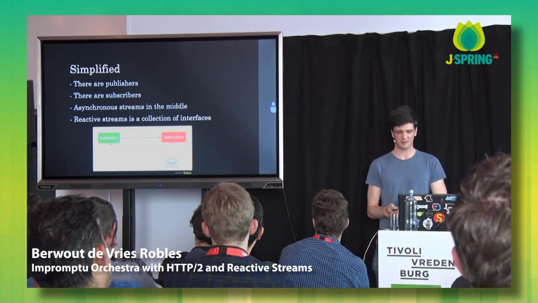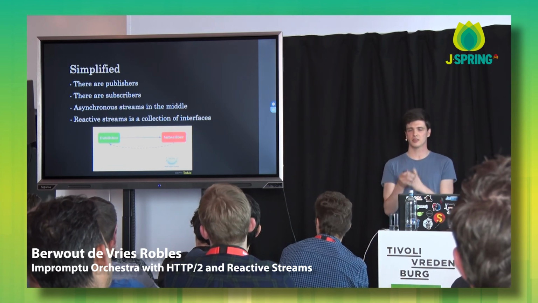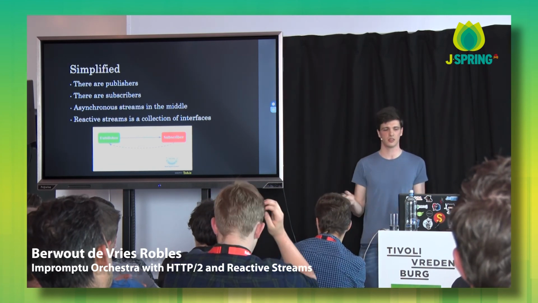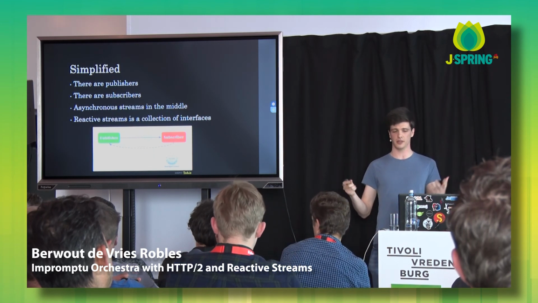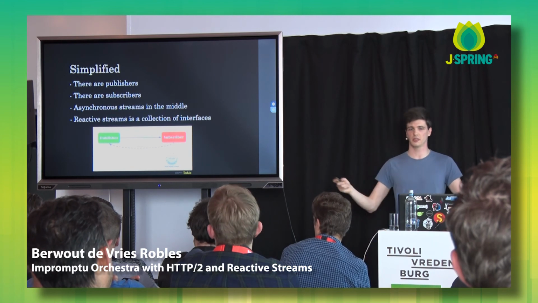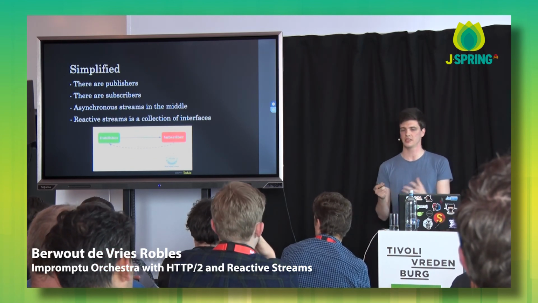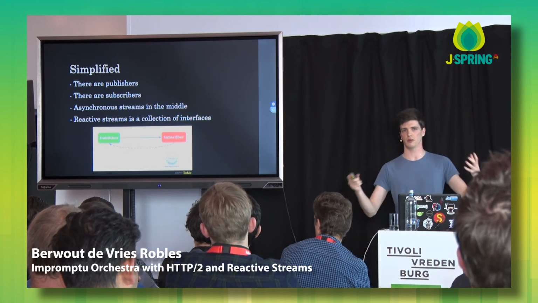A little bit simplified. There are publishers, which are the musicians. There are subscribers, the audience. There are asynchronous streams in the middle, which is the music you're hearing. And reactive streams is a collection of interfaces that helps you deal with all of that.